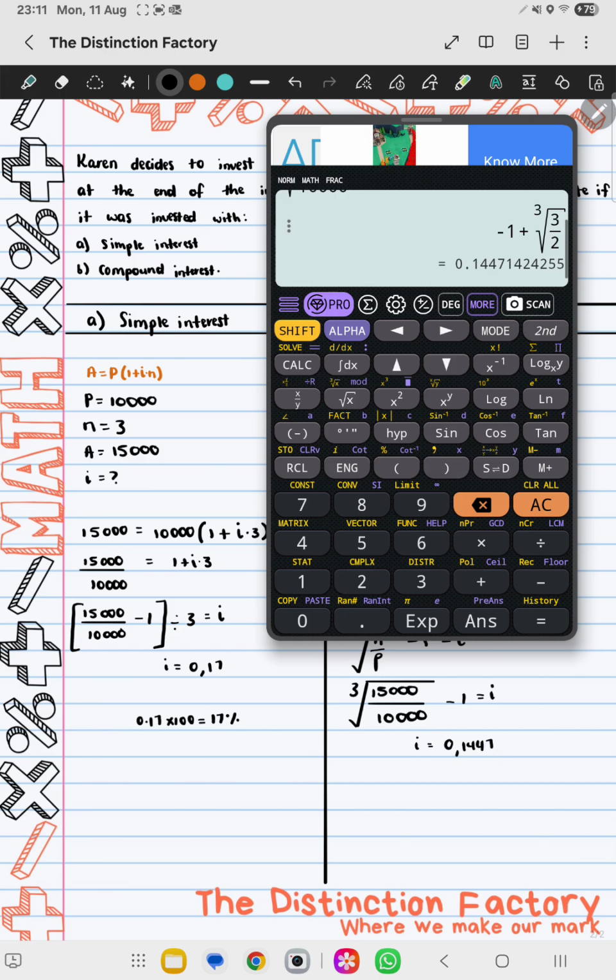Right, but remember that this is the decimal version. We still need the percentage version. So I'll take the 0,1447 and times it by 100. So now my interest becomes 14,47%.